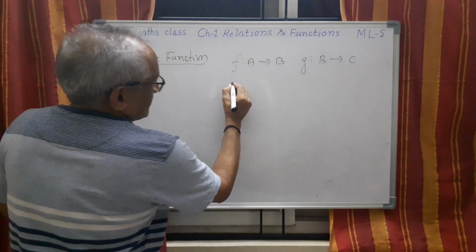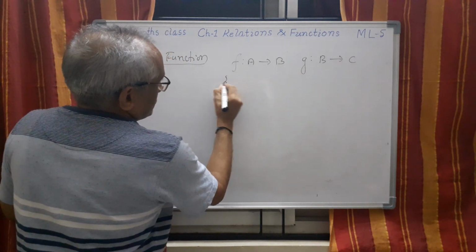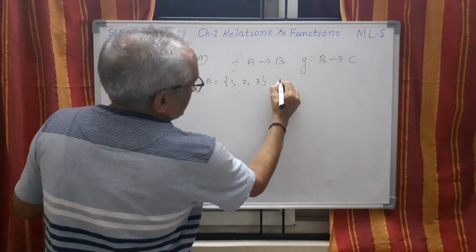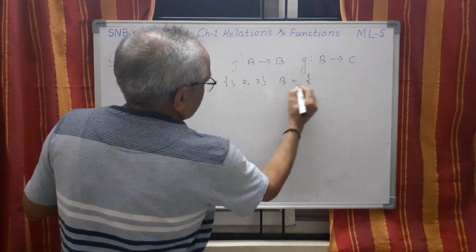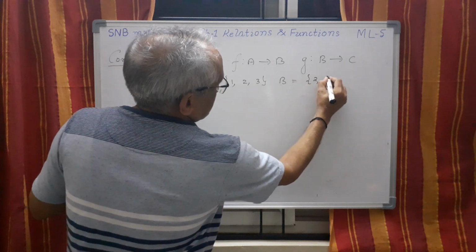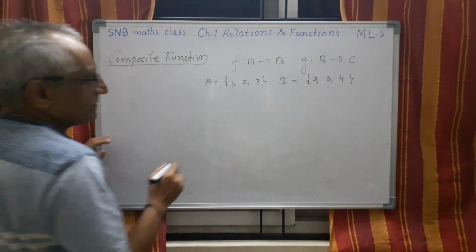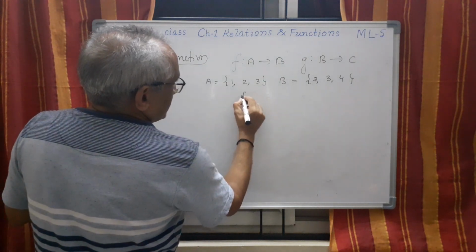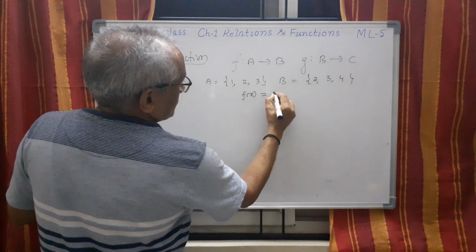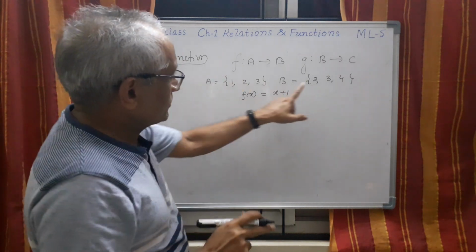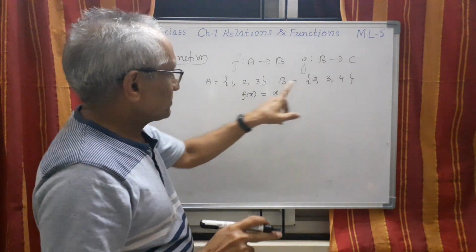Say, for example, let me take A equal to 1, 2, 3, and B equal to, let us say, 2, 3, 4. I will take only limited numbers so that it is easy to handle. Then f is defined by f of x equal to x plus 1. So 1 is going to 2, 2 is going to 3, 3 is going to 4.